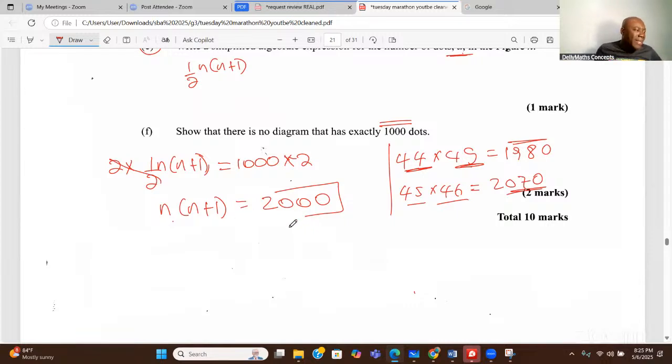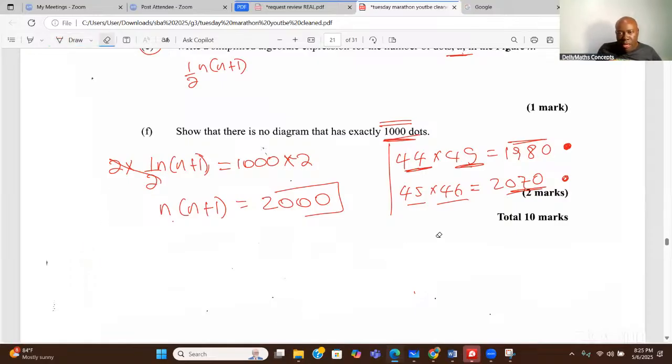And then you can write that, because we're seeing where this gives us that, and these numbers are the ones that pass 2,000 and go near to 2,000. So we can't find two consecutive numbers, so there is no 1,000. That's your response right there.